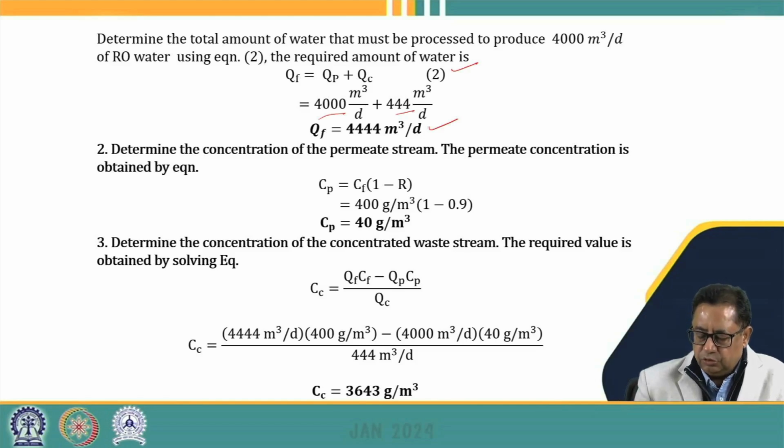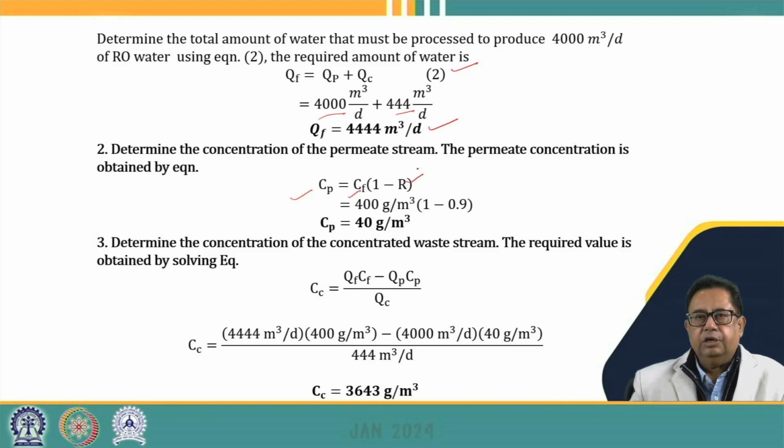And similarly, we can also calculate the concentration in the permeate. This is equal to the concentration in feed into 1 minus R, where R is the rejection rate. We have assumed 90% for the recovery as well as for the rejection. So we can get the concentration of the permeate nearly 40 grams per cubic meter.